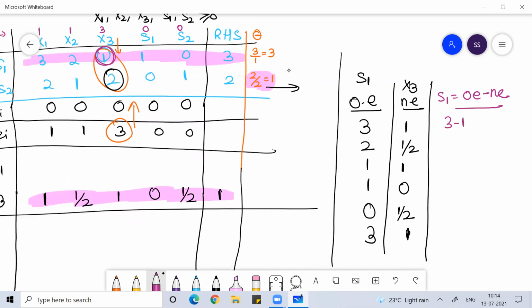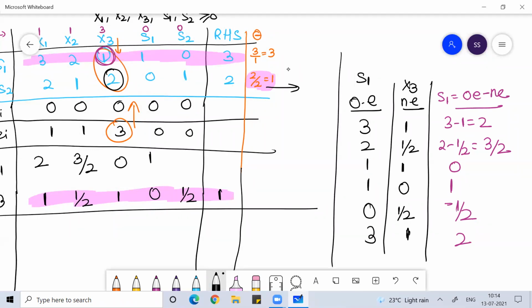So that is 3 minus 1, 2; 2 minus 1 by 2, that is 3 by 2; 1 minus 1, 0; 1 minus 1 by 2; and this is 2. Very good, Rajendra. So once you get this, then this is 2, then 3 by 2, then 0, then 1, minus 1 by 2.